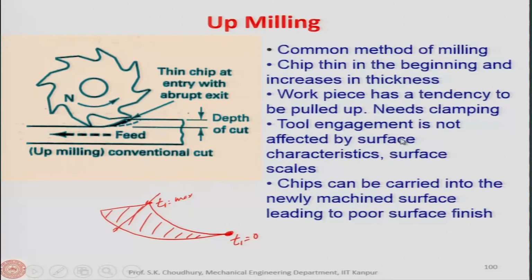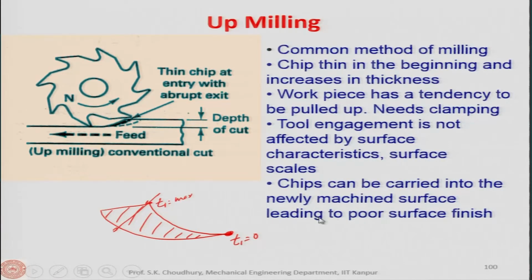That particular layer of material we always remove before the machining process starts. So it does not depend on whether the tool will be engaged properly or not with the surface scales or the surface characteristics.